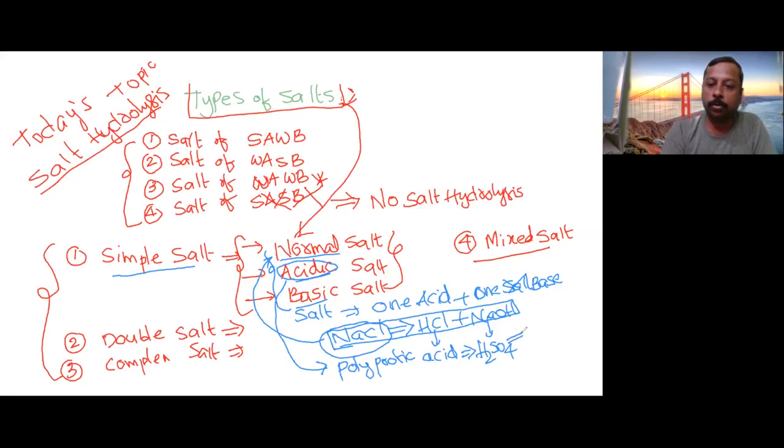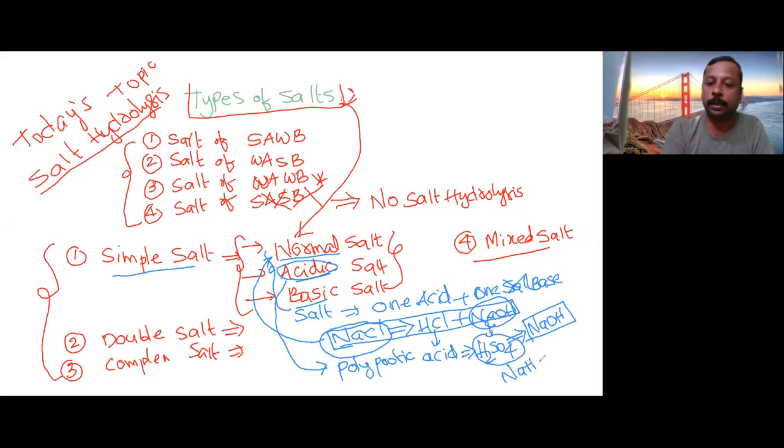So this will undergo neutralization with NaOH. How many times can it undergo neutralization? It can undergo neutralization two times. But if I am using a limited number of NaOH, if I am allowing 1 mole of H2SO4 to undergo neutralization with only 1 mole of NaOH, then one acidic hydrogen is left.